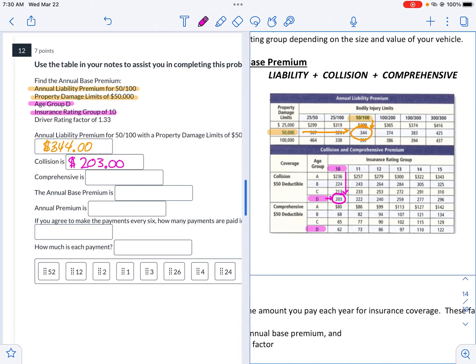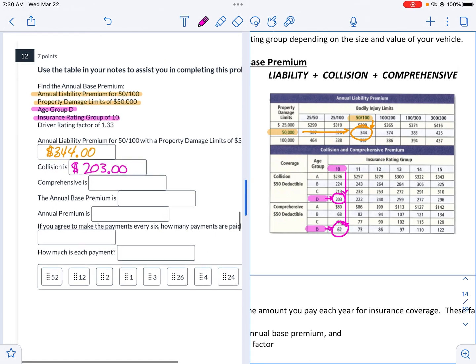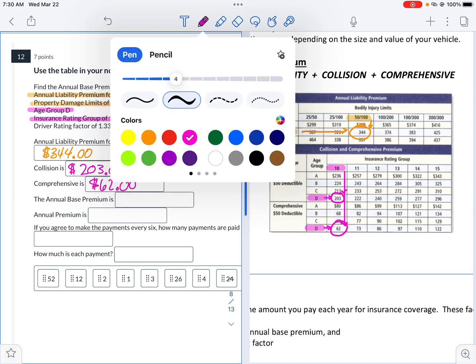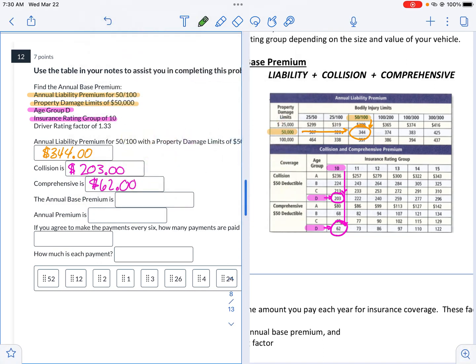Then we're going to return to the table, and we're going to continue down the 10 to here, and we're going to go across the D, and they intersect at 62. So we're going to put $62 right here. And then we're going to add those numbers together.